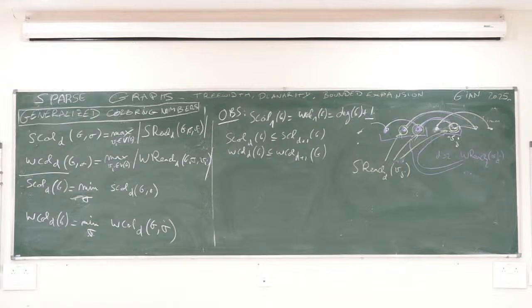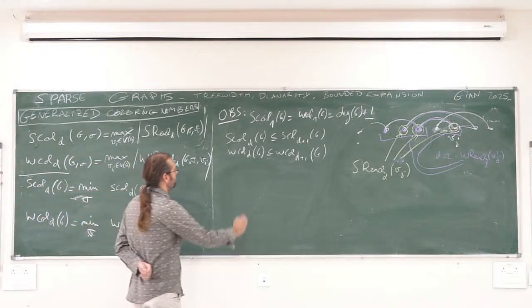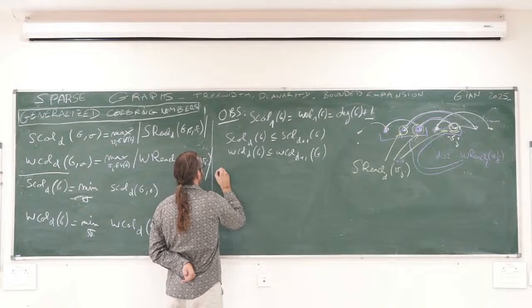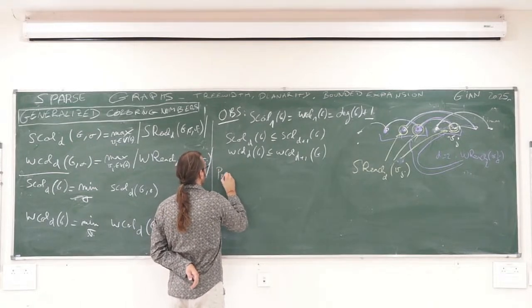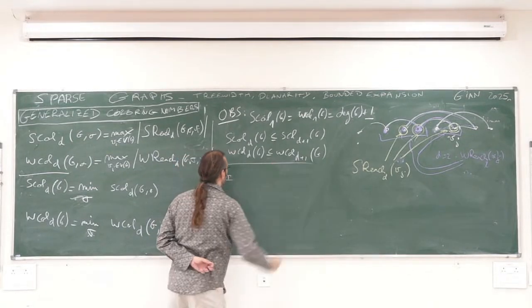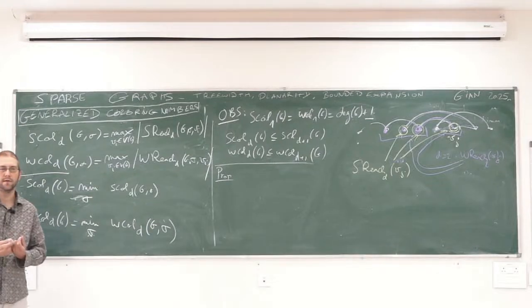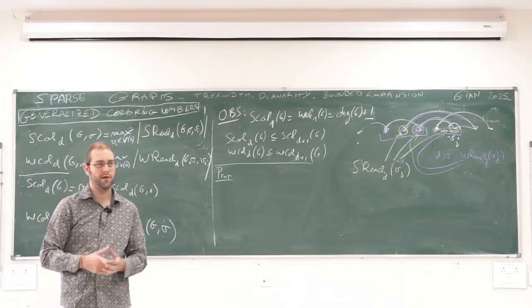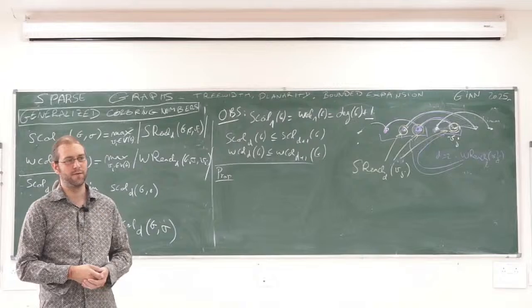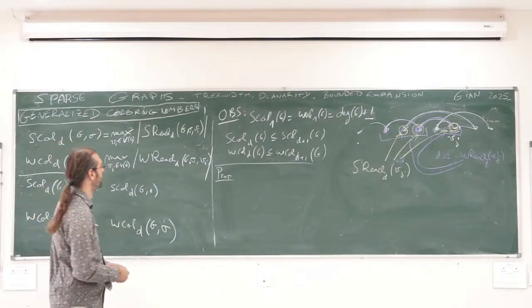And in fact, there are some super nice things. This is not an observation, this is a proposition or theorem. I will not prove these things. But when you don't restrict d, when you take d to be large enough, let's say infinity, or the number of vertices of the graph, what happens?